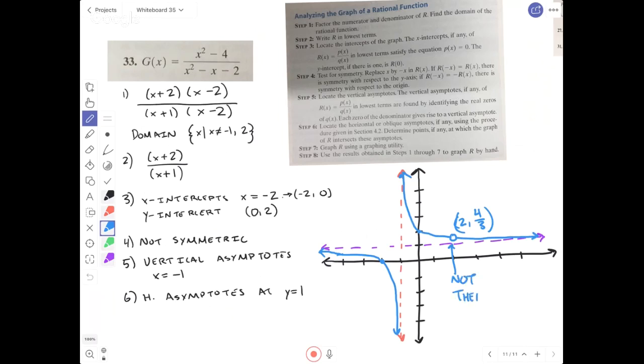It's ghosting at 2, 4/3. Apart from this hole, the graph is exactly the same as x plus 2 over x plus 1. But with x minus 2 over x minus 2, you can't divide by 0. So if you plug in 2, you get 0 on the top and 0 on the bottom, and 0 divided by 0 is just not defined. And there you are. You have a big old ghosting hole right in the middle of your graph. 2, 4/3 is not really there.